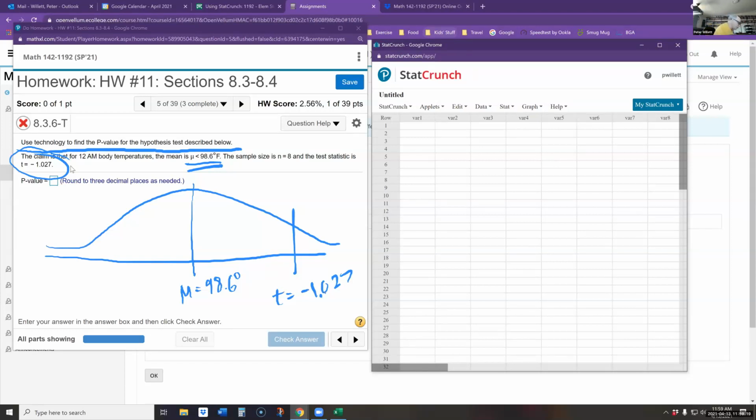So the p-value we want for that test statistic would be the area here. Actually, I'm on the wrong side. I'm dyslexic, I always do that. Let me back that up a little bit because it's a less than, it's a left-tailed test, and this is a negative t-value, so I'm supposed to be over here.